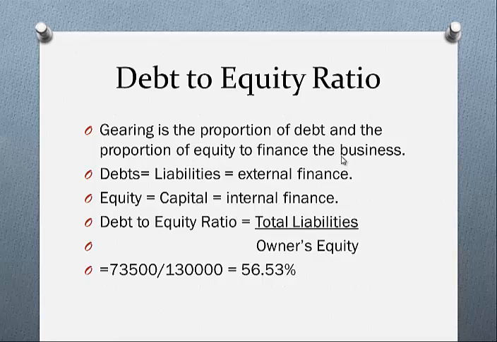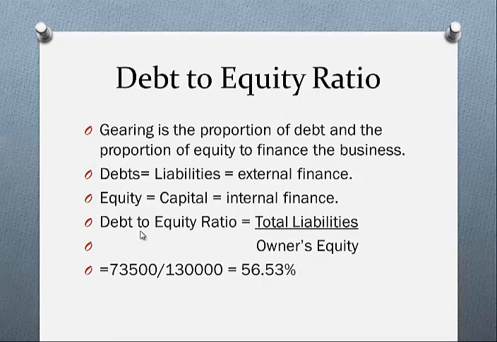The business employs a whole lot of assets, remember from looking at a balance sheet, and those assets are financed by debt, called liabilities, and we call that external finance because it comes from outside the business, and equity, the amount of capital that comes from the owners, which we call internal finance.